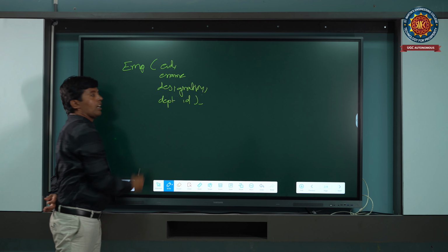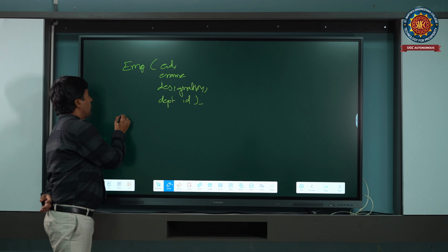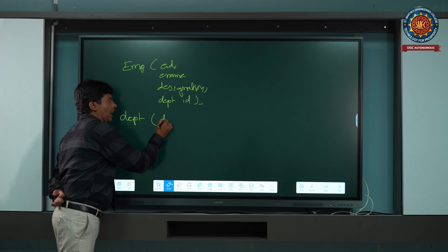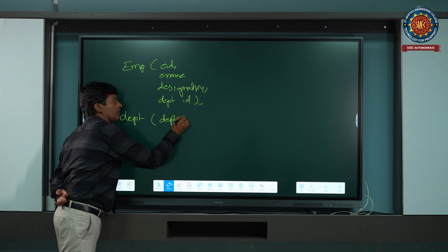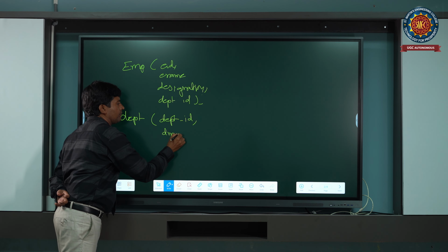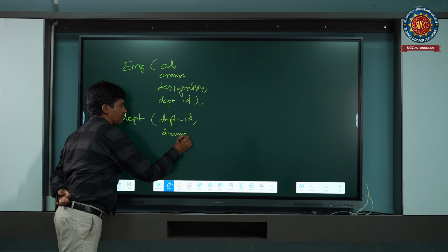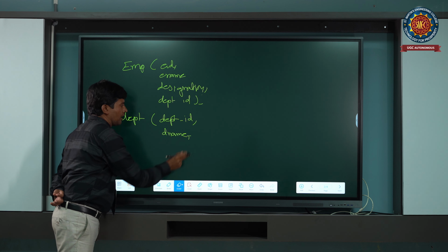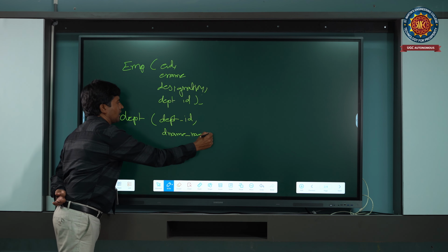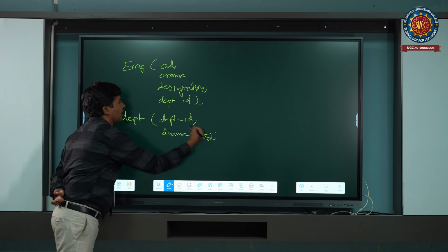One more table I maintain is the department table. In the department table, I maintain department ID and department name.